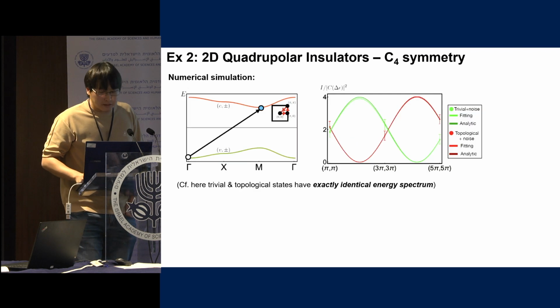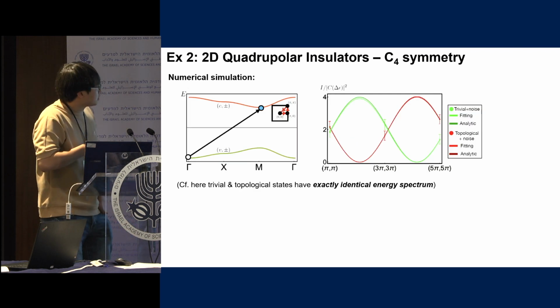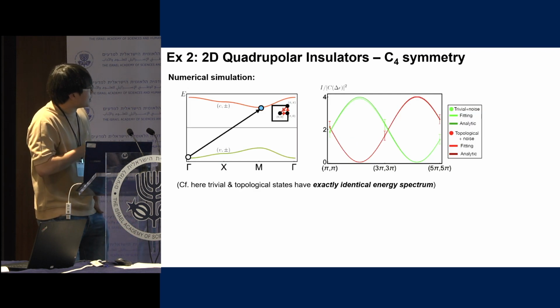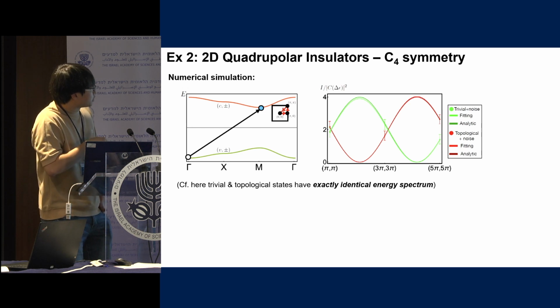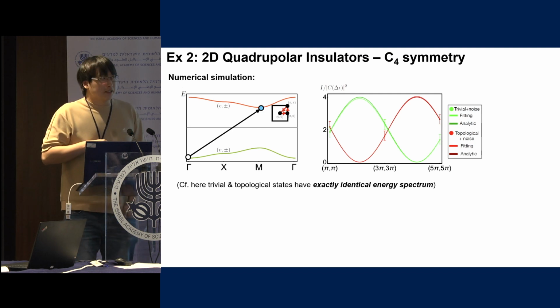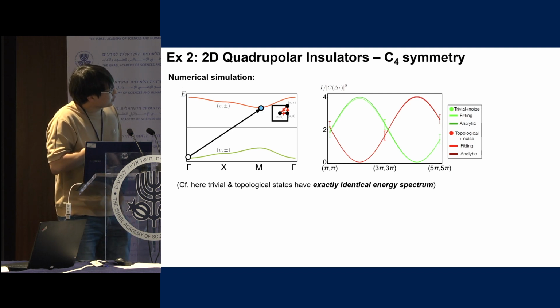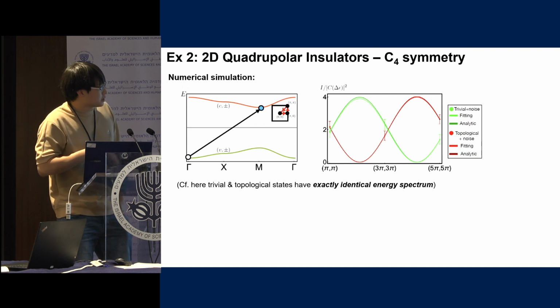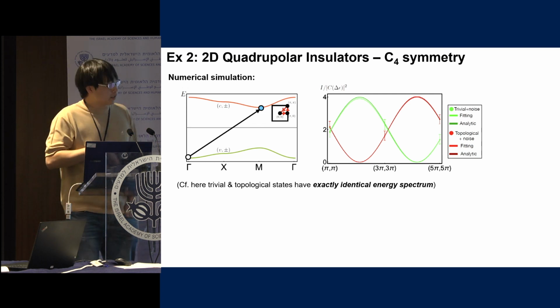From that, it's natural to consider the scattering between gamma and M, where you have an electron at M and a hole at gamma. I performed numerical simulations for the trivial state and topological state, which also have exactly identical spectra.